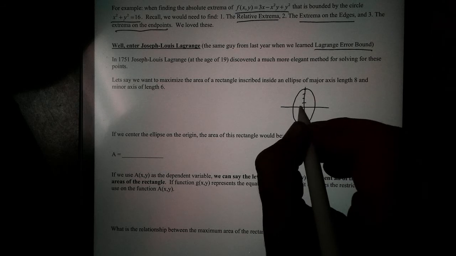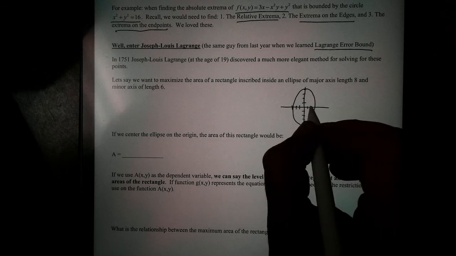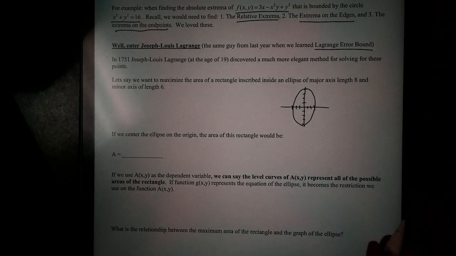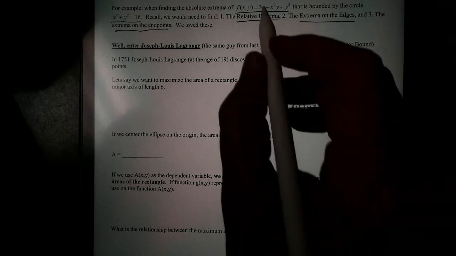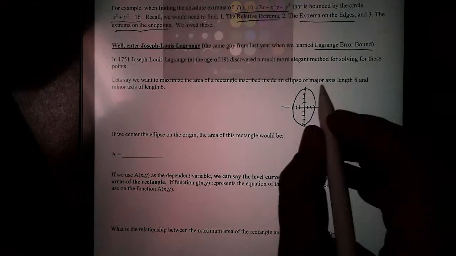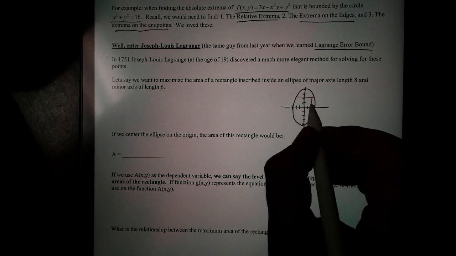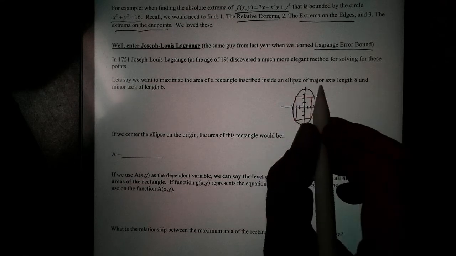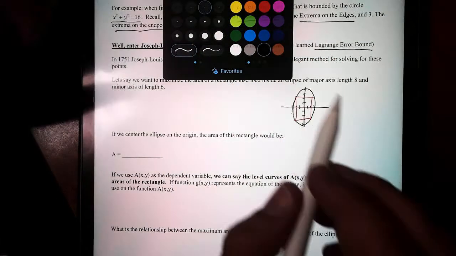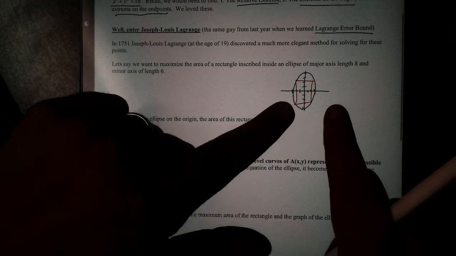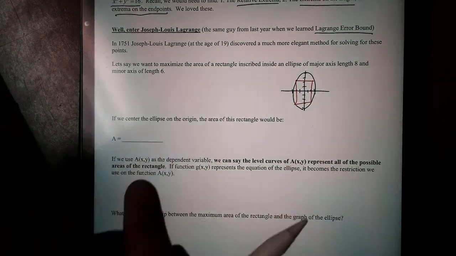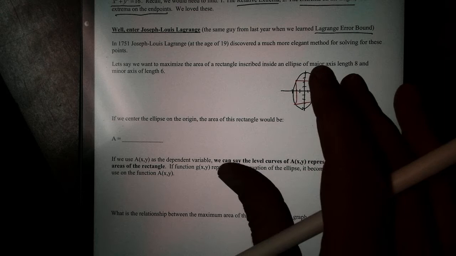And a minor axis of 6: 1, 2, 3, 1, 2, 3. So there's my ellipse. And inside this ellipse, I have a rectangle. Now, our mission is to maximize the area of this rectangle inscribed in this ellipse.